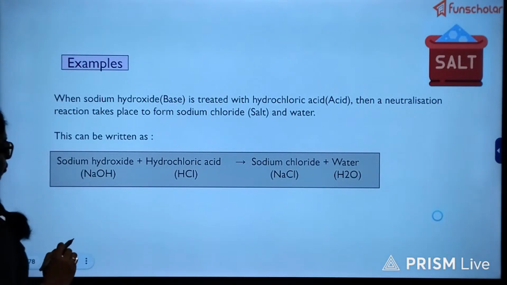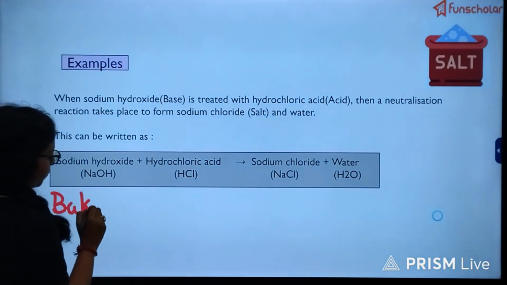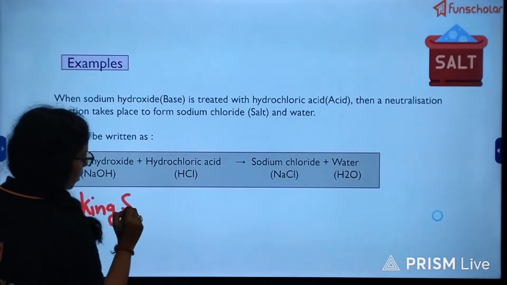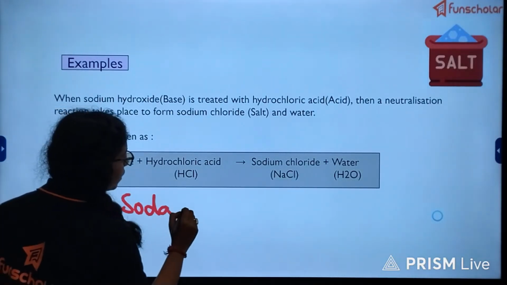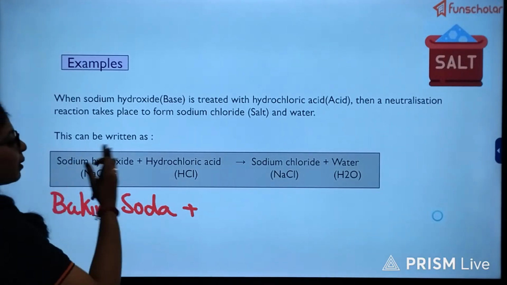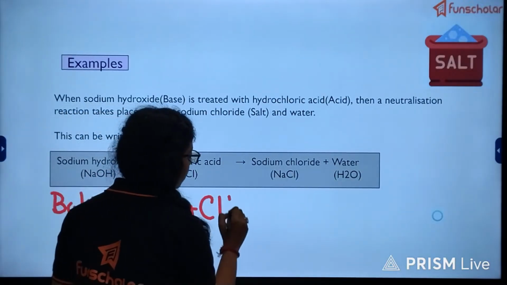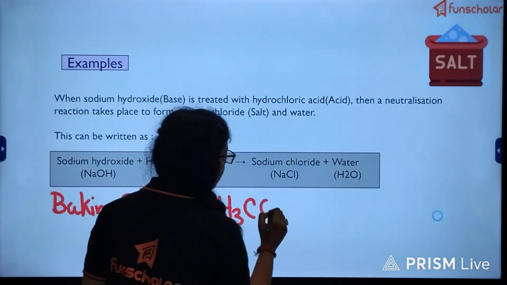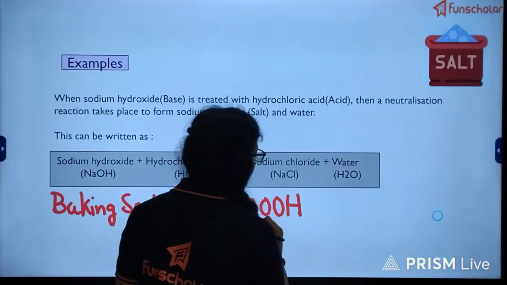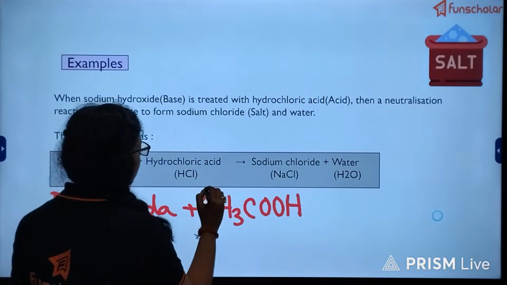Okay, so we first took the baking soda, right? And here we are taking the baking soda and mixing it with vinegar, which is acetic acid, CH3COOH, right? Now we will see what exactly will happen. This is vinegar.